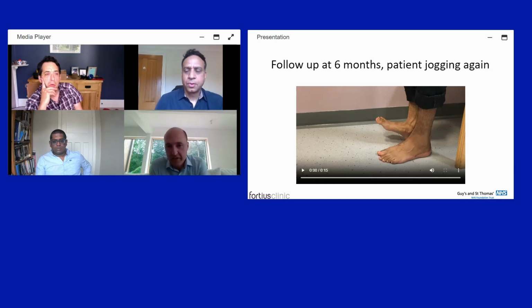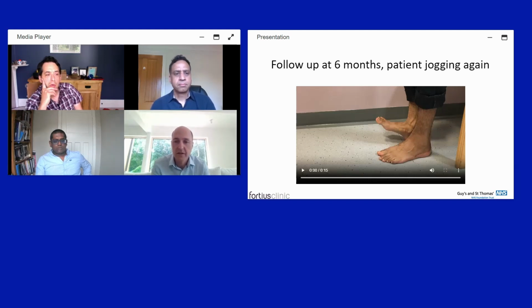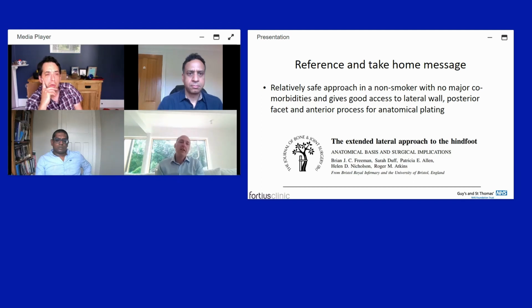There's a little video of this gentleman walking back and forth with good flexibility in his hind foot. This was taken at around 6 months, and he had just started jogging again. So a relatively satisfactory outcome. Really, this is the key reference, the Atkins and Allen paper.